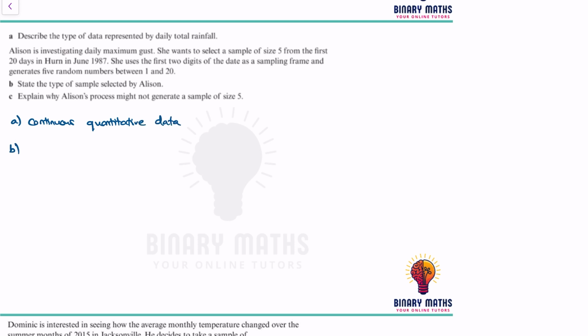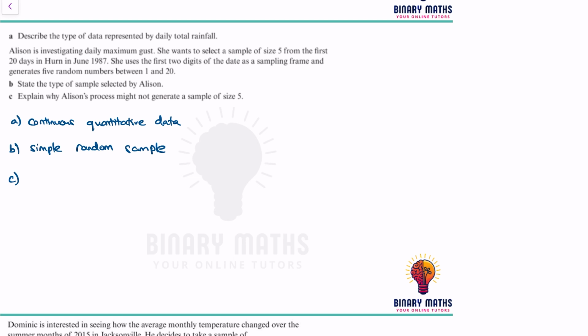Alison is investigating daily maximum gust. She wants to select a sample of size 5 from the first 20 days in Hurn in June 1987. She uses the first 2 digits of the date as a sampling frame and generates 5 random numbers between 1 and 20. State the type of sample selected by Alison. So this is a simple random sample because we're using a random number generator.